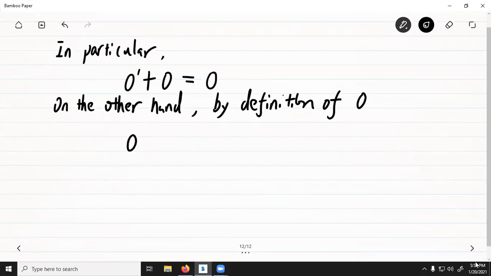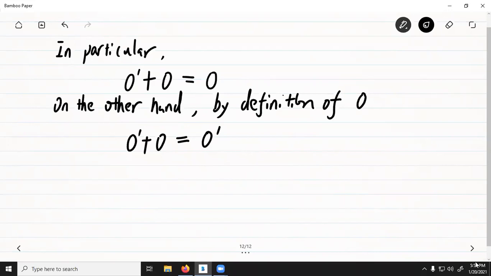So 0 prime plus 0 equals 0 prime. In the first one, we treated 0 prime as the additive identity.